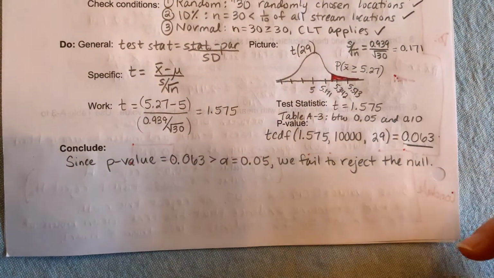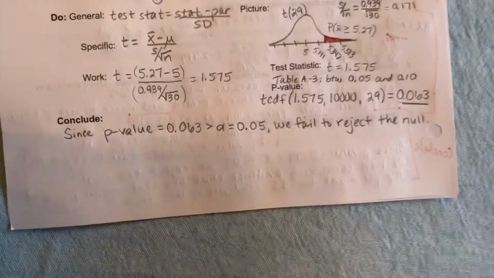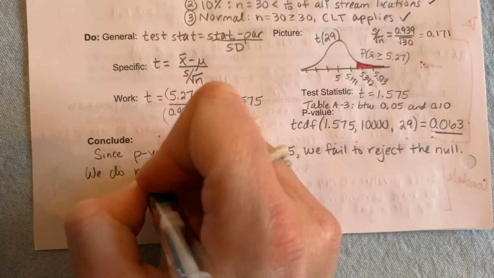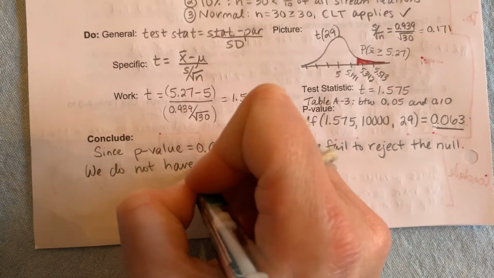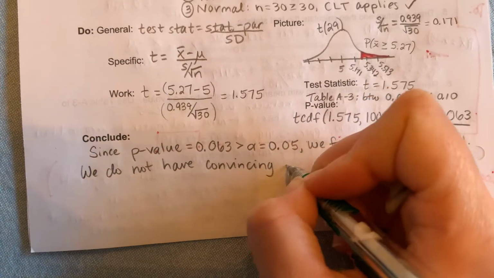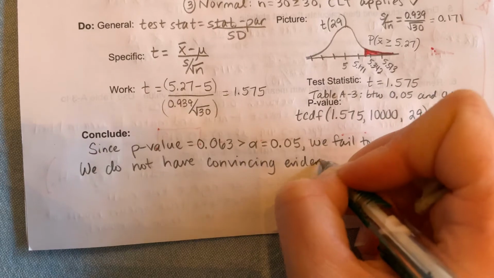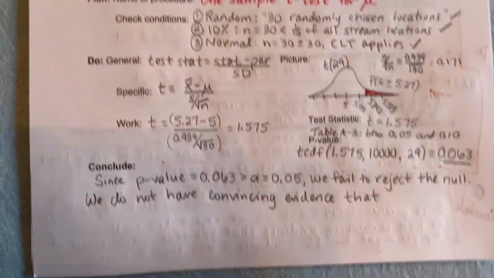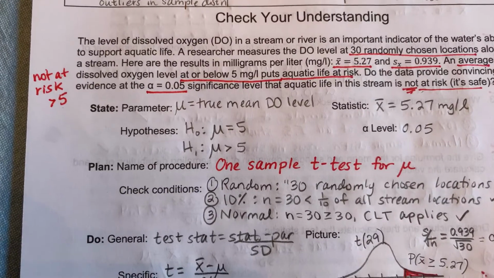If we fail, it means we do not have enough evidence. So that's what we say next. We do not have convincing evidence that, and then we state our parameter. So what was the parameter again?